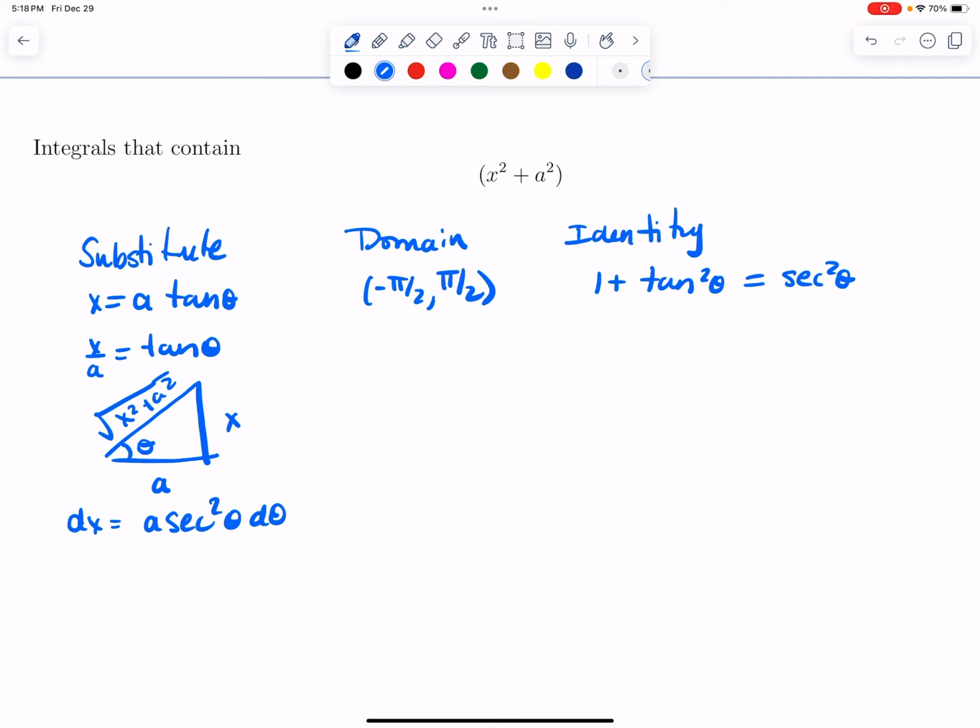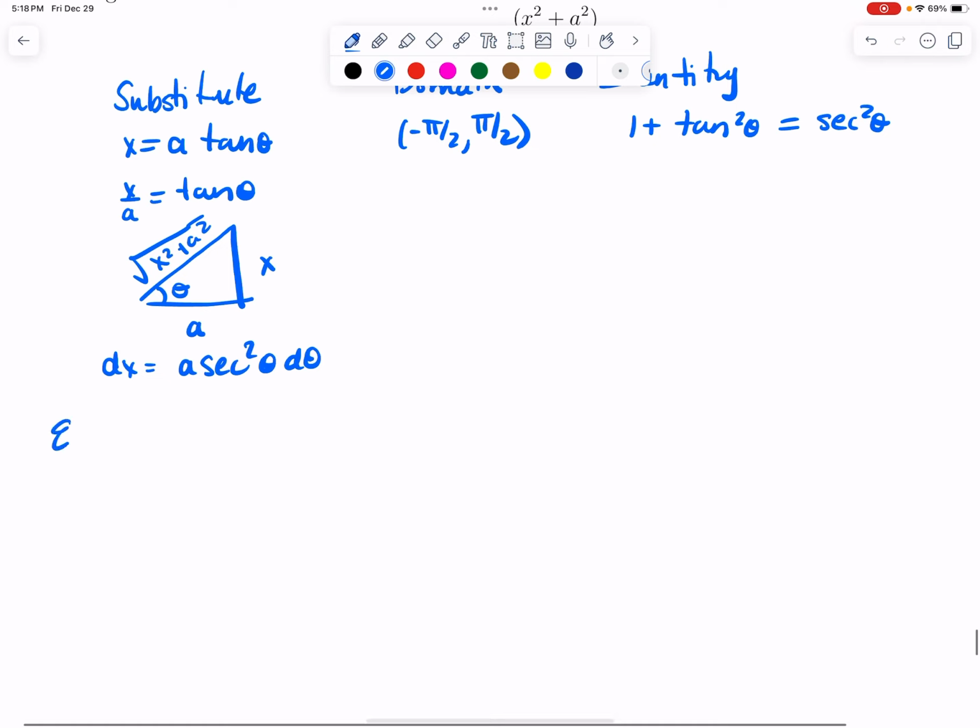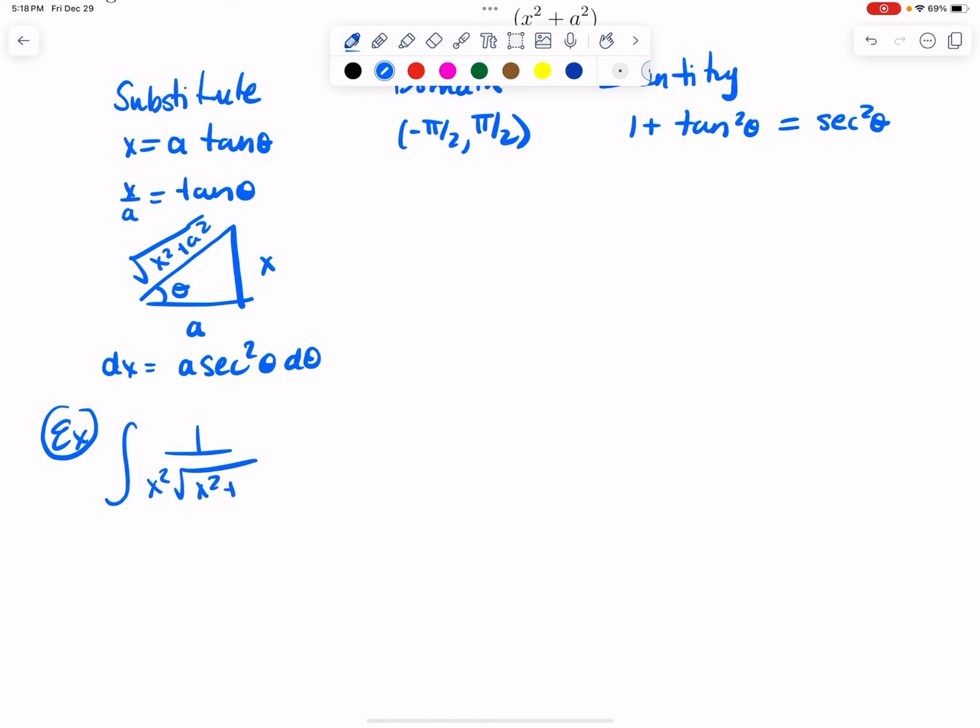All right, so let's look at an example where we use this substitution. So let's say we have 1 over x squared square root of x squared plus 4, dx. Change it up a little bit.